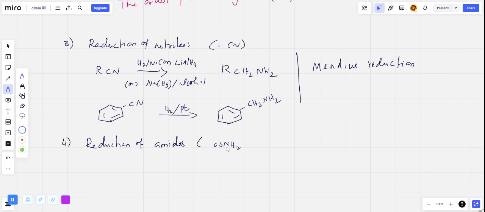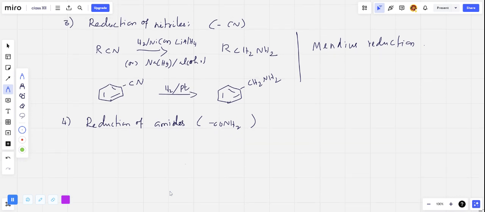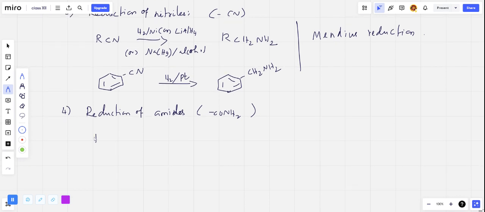The CONH2 group is an amide. Okay. So reduction of amide with lithium aluminum hydride. That is RCONH2 with lithium aluminum hydride, and then followed by hydrolysis. You get RCH2NH2, primary amines.